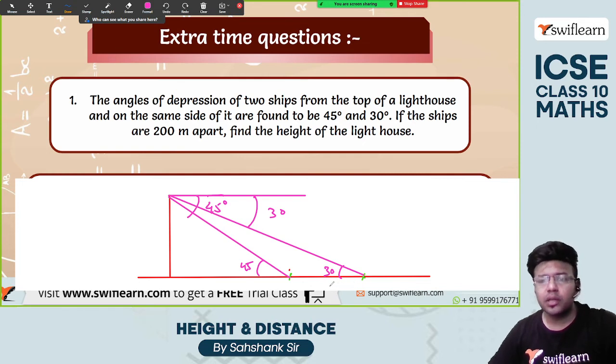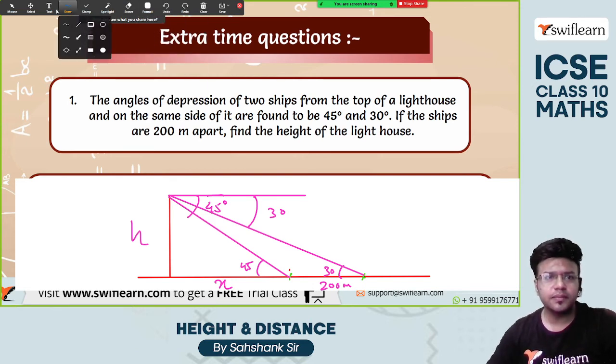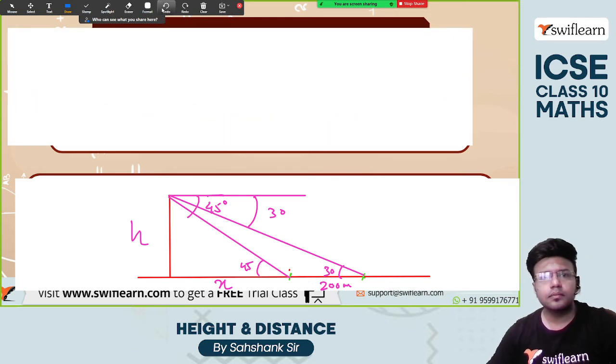The distance between the ships is 200 meters. Find the height of the lighthouse. We have done this. Let this be h, let this be x. Let us name the points A, B, C and D. From triangle ABC, tan 45 is equal to AB by BC.